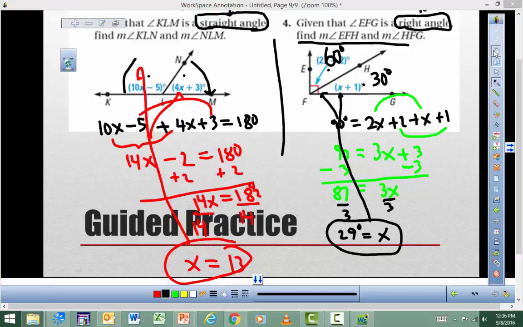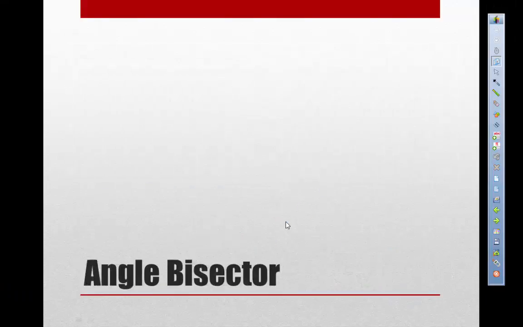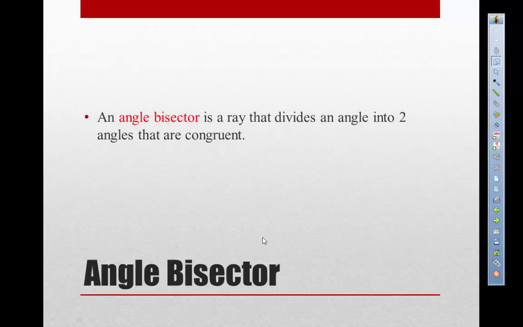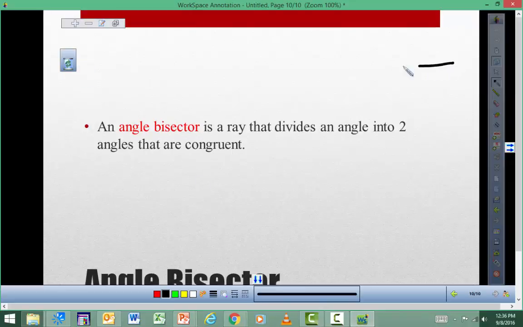Let's see. Oh, now we have an angle bisector. Just like a segment bisector, remember the symbols we use for a segment bisector? If there's a thing that came through like this, what would we do? We'd say that this side is congruent to this side, right? And we'd have M right here. This is a midpoint. Well, that's kind of what we did when we had segments, but angle bisector works the same way.